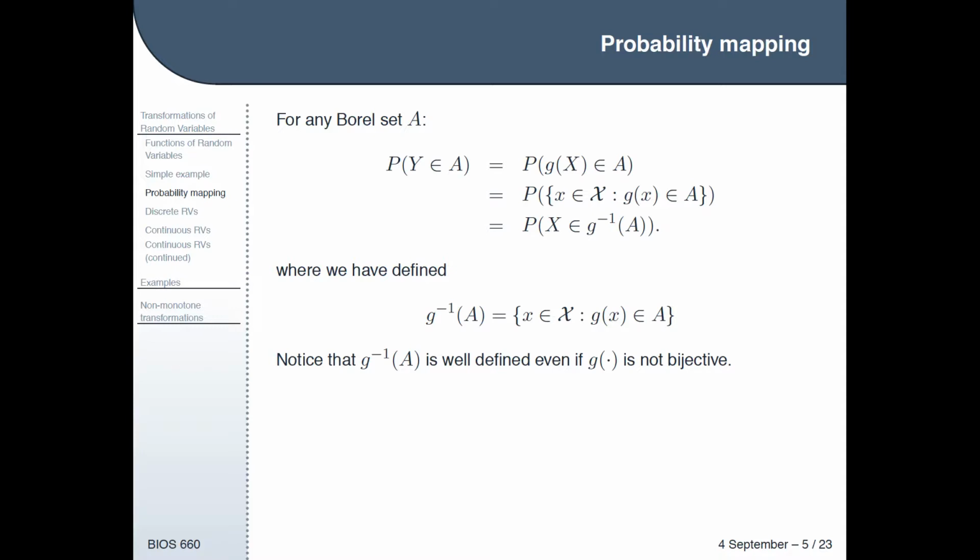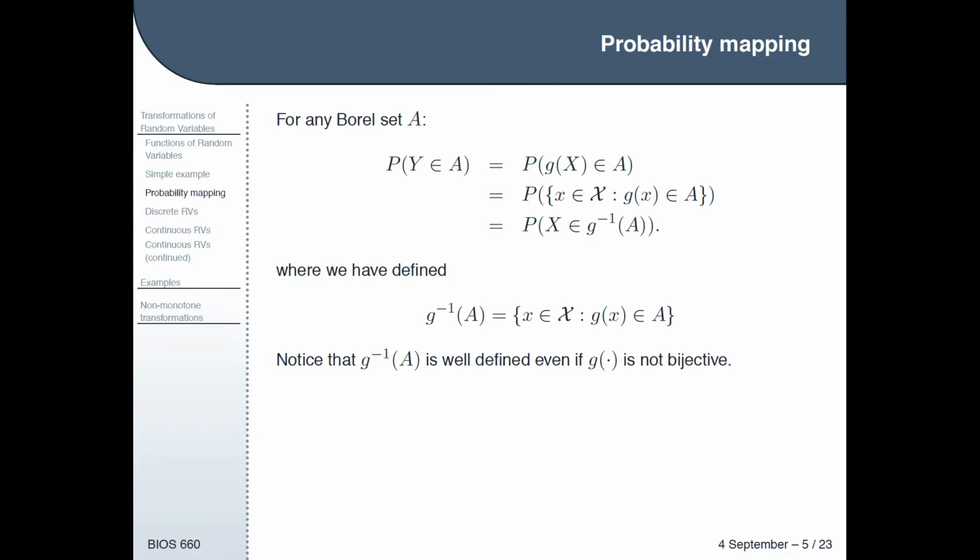So how do we define this new random variable exactly? Well, Y here once again represents the new random variable, and to define this random variable Y, we have to define the probability on any possible Borel set. So the probability that Y is in some given Borel set is obviously the probability that g of X is in that Borel set, which, if we go back to the original sample space, recall that the random variable is just a map from the sample space to the real numbers.